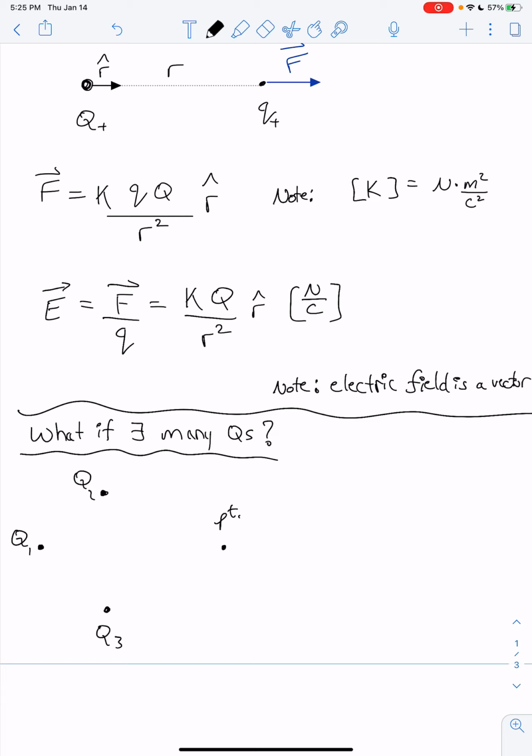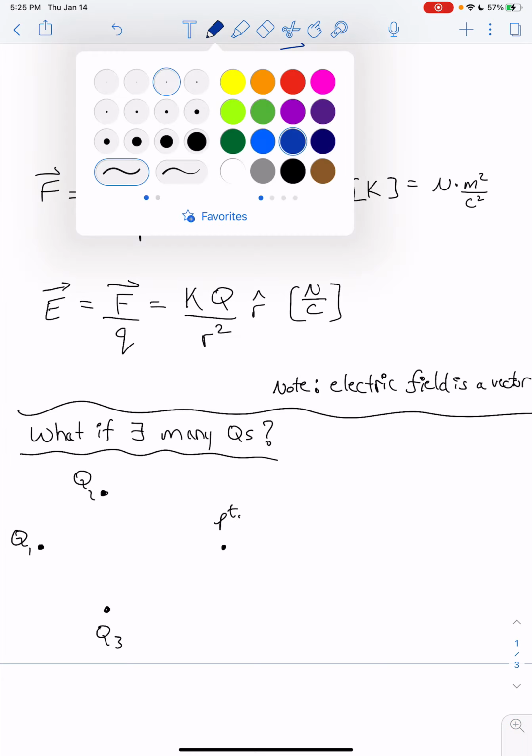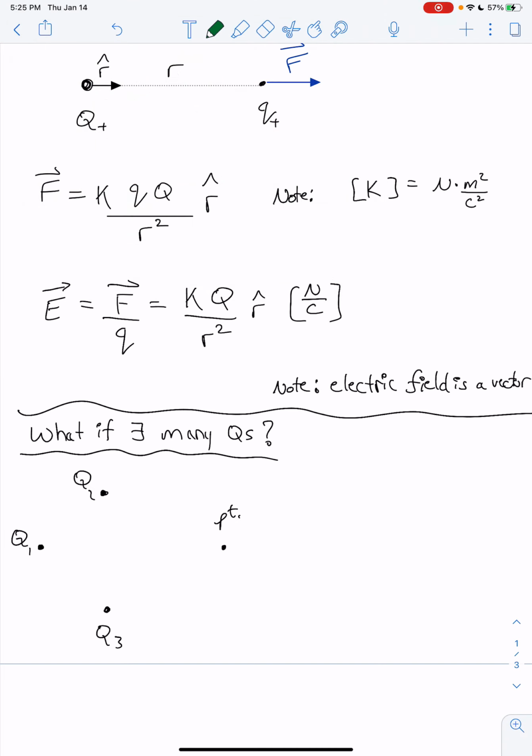Well, we just look at the individual contributions from each of these charges. So we could look at the electric field that is caused by Q1. And so we're going to know that we have an electric field caused by Q1, and it will be in that direction.